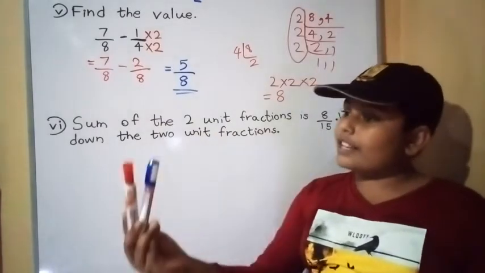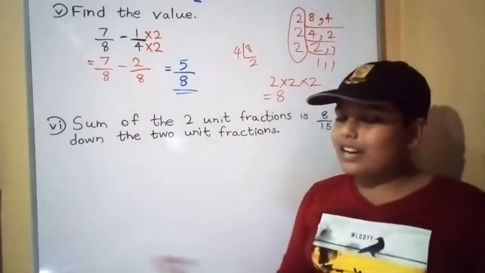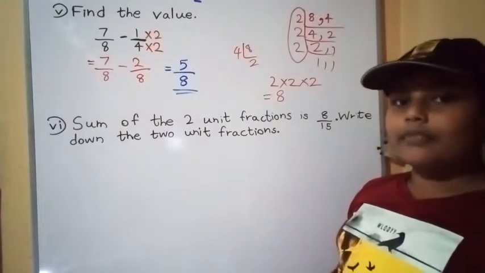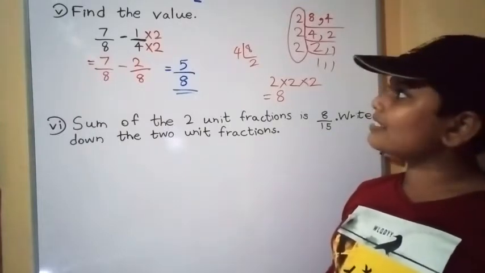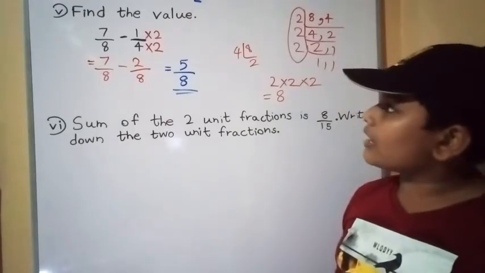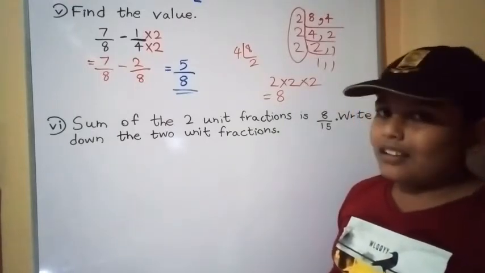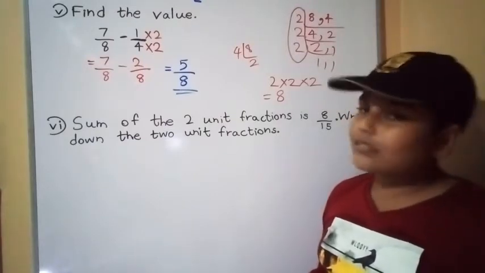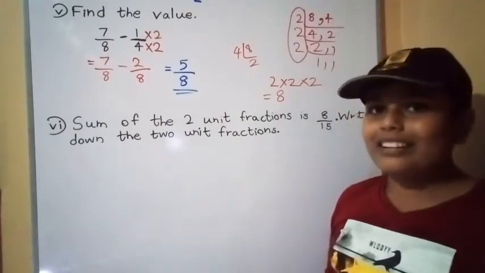Now subtract and you have the answer, 8 over 5. Now that is the value. Right? These are very difficult. Now this one you do very easily.